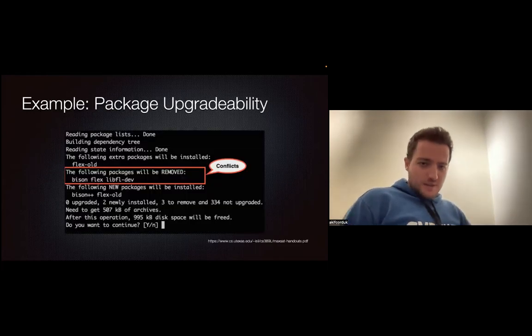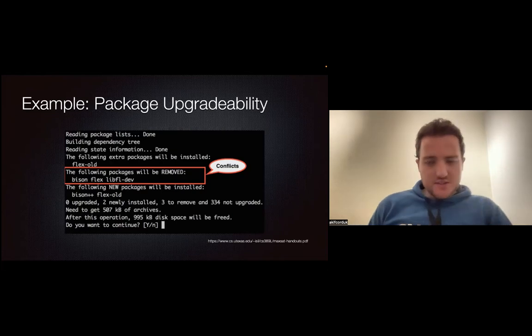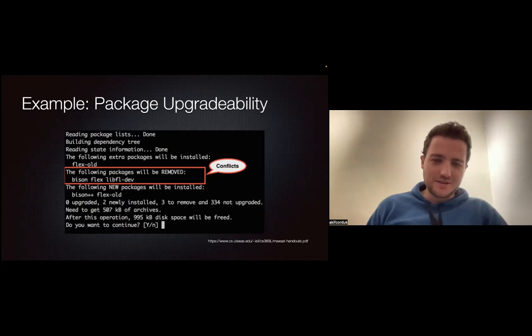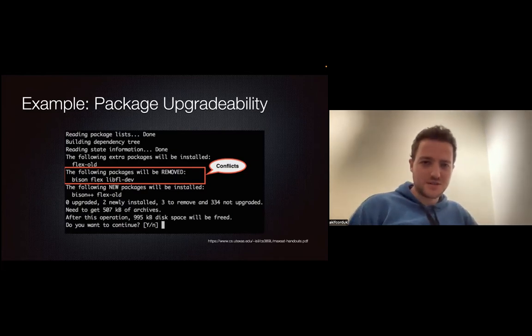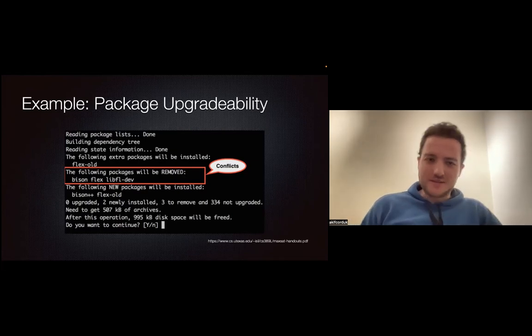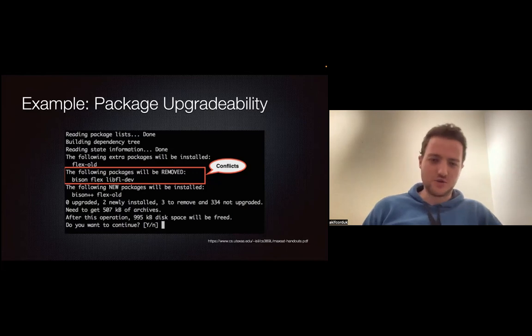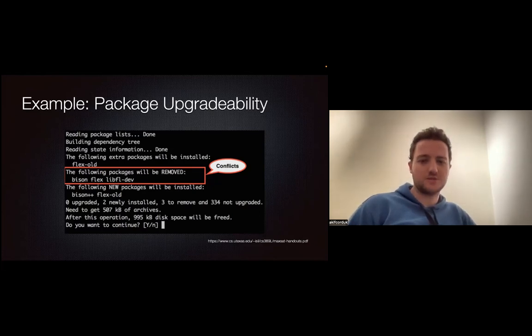So what is an example? I will give a very small example that I found interesting online yesterday while preparing the presentation: package upgradability. When we install a package from some package manager like pip or apt, it shows which dependencies the package has and which dependencies it conflicts with, so that they will have to be removed.